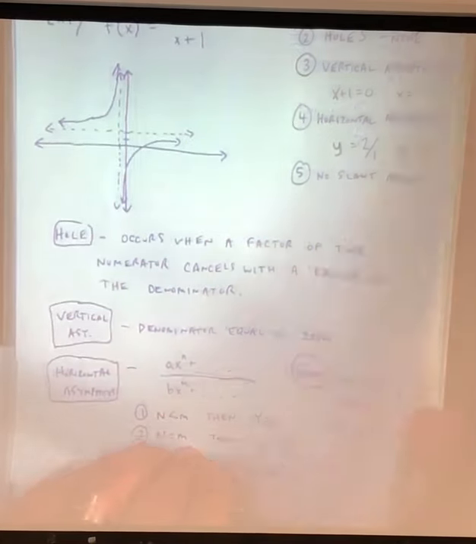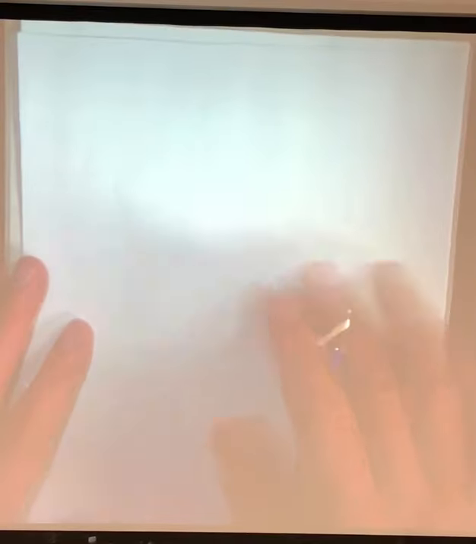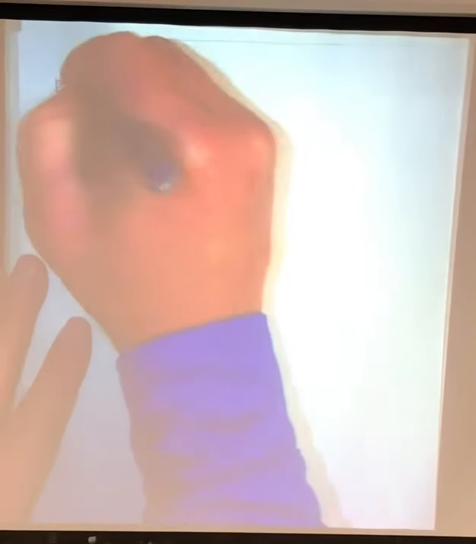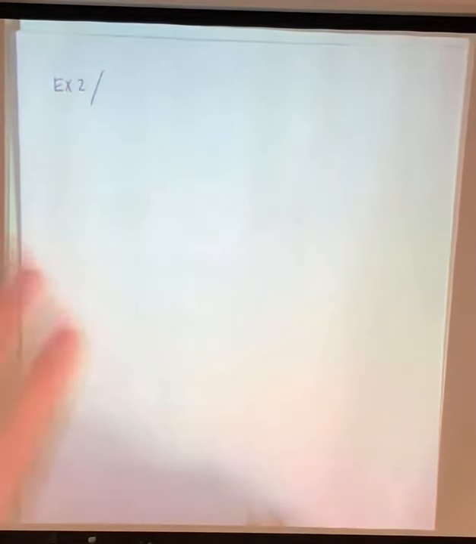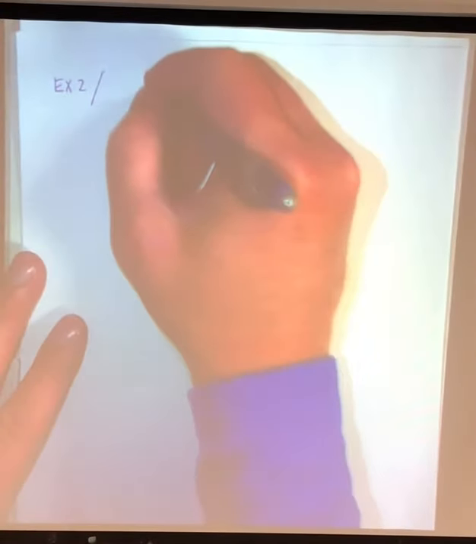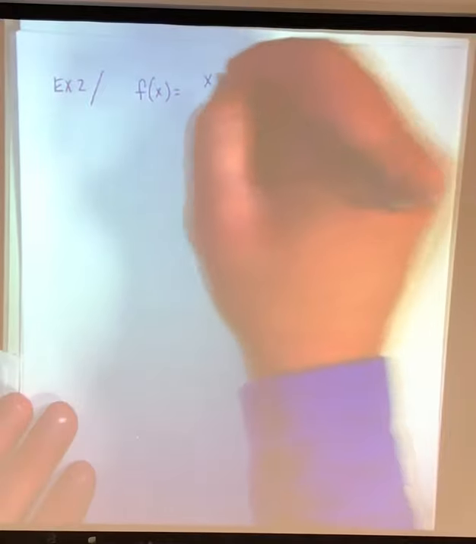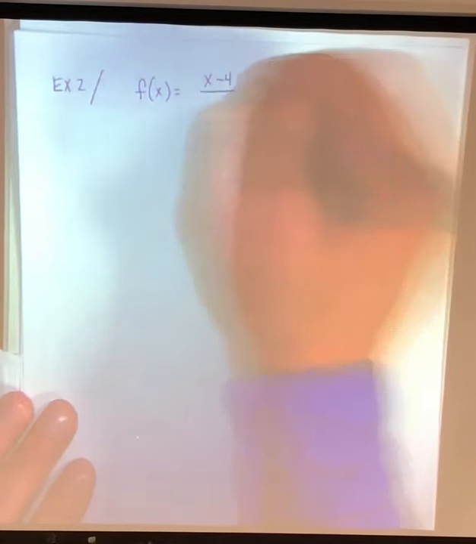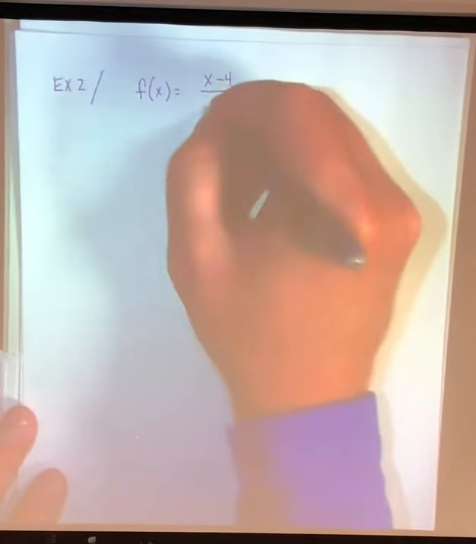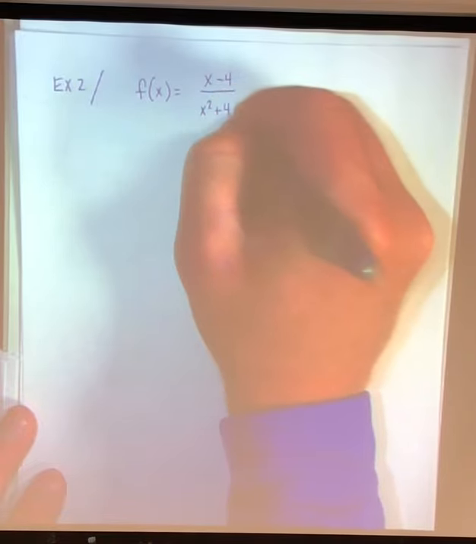Okay, so let's go to example 2. Here's example 2, we've got f of x equals x minus 4 over x squared plus 4x minus 5.